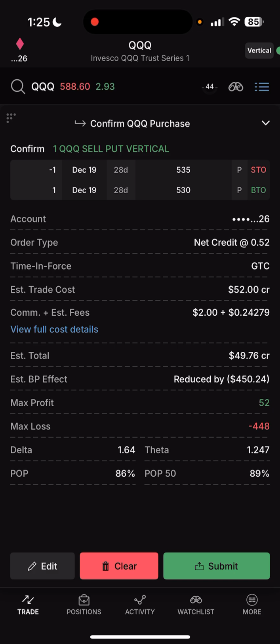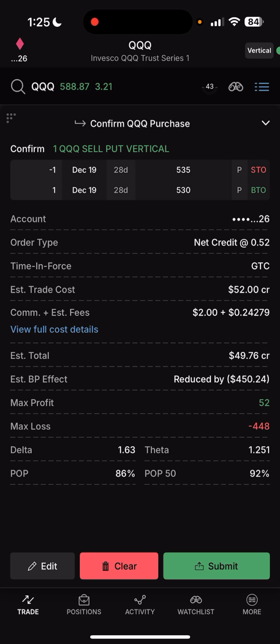Estimated buying power reduction, you're going to be reduced by $450, which is $500 minus the 49.76 credit. That's how you get down to the $450. So you can make maximum profit $52. You could lose up to $448, and then it shows you your delta, your probability of profit.